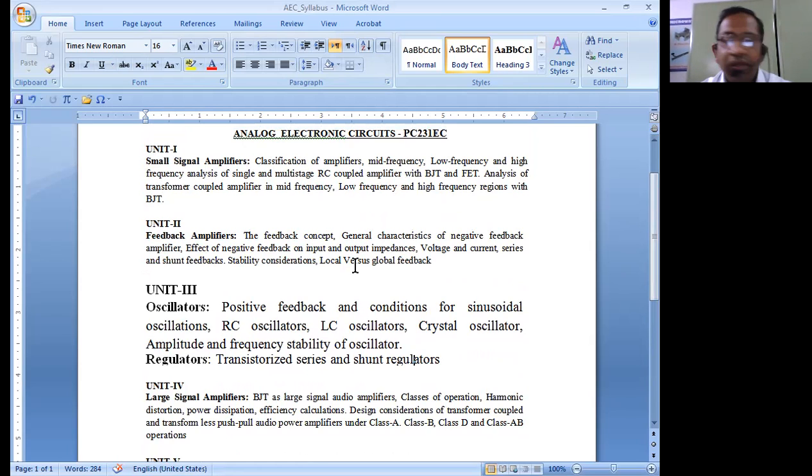You should be in a position to draw the AC equivalent circuit and analyze it to find the input resistance, the input current, the voltage gain, the current gain, and the output resistance.